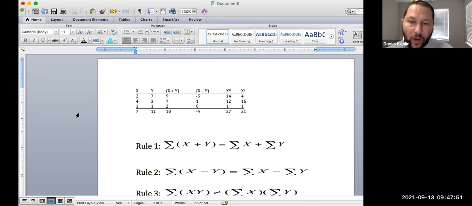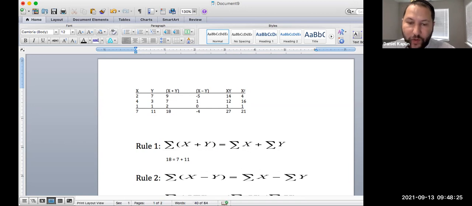So in rule 1, we said that the sum of the x plus y column, right? We added that column up, which came out to 18, was equal to the sum of the x column, which was 7, plus the sum of the y column, which is 11.